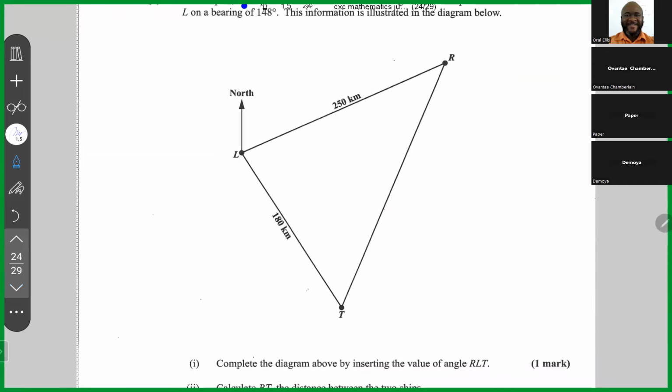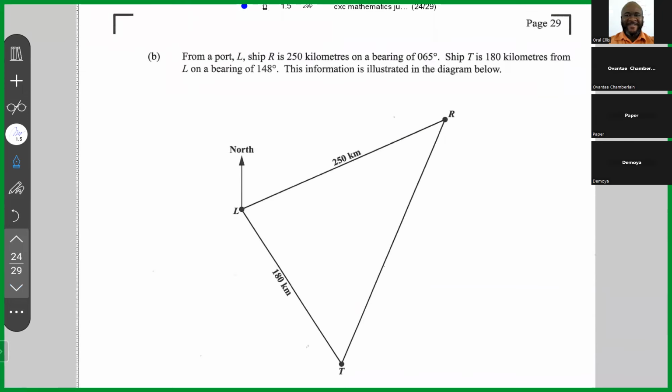All right, let's move on to the last part of this question. It says, from a port L, the ship R is 250 kilometers on a bearing of 65 degrees.